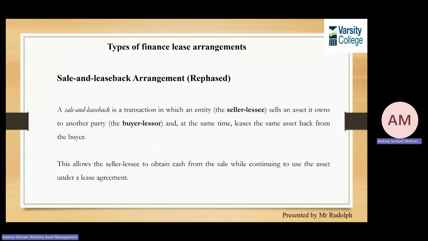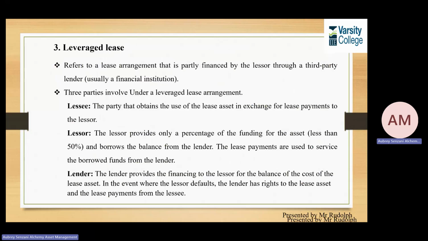This allows the seller-lessee to obtain cash from the sale while continuing to use the asset under a lease agreement. Honestly speaking, I think you would do that if money is tight. Does that make sense? I think you end up doing that when money is tight, and obviously you're looking for creative ways to get some cash into the business.